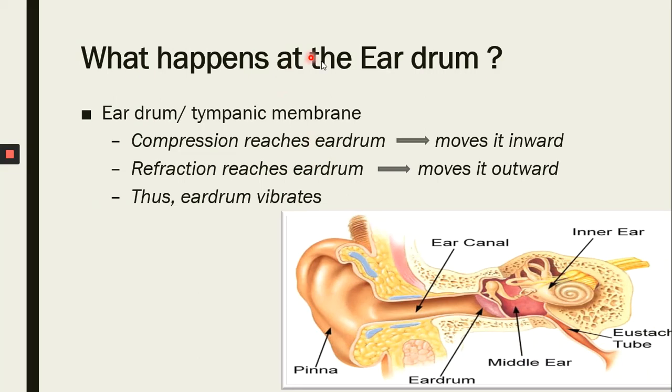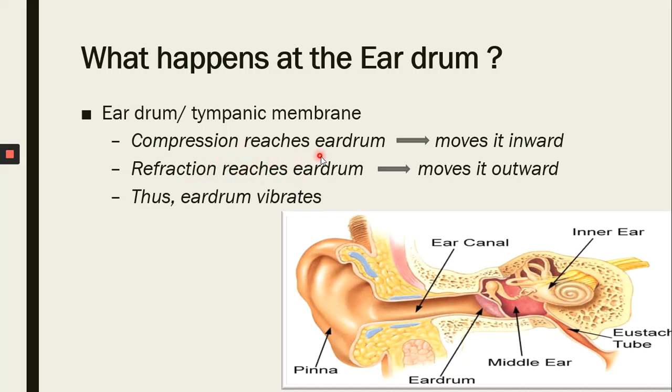Now, what happens when sound falls on the eardrum, and how does it pass that sound to the middle ear? When sound falls on the eardrum, it vibrates in the form of compressions and rarefactions.